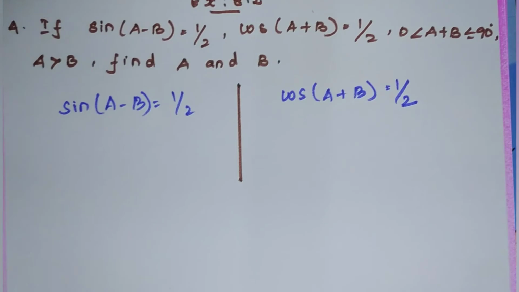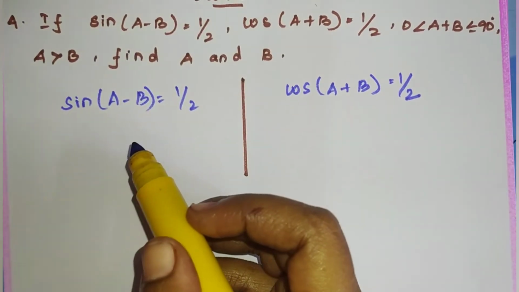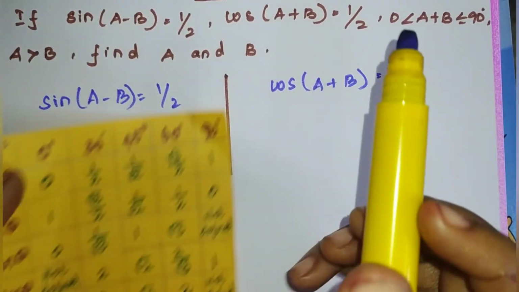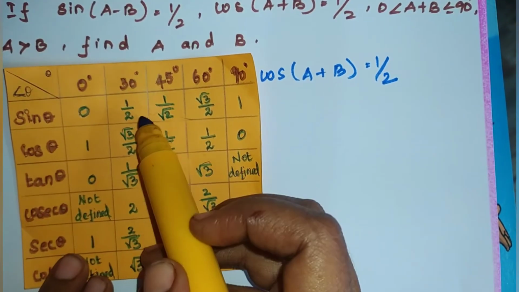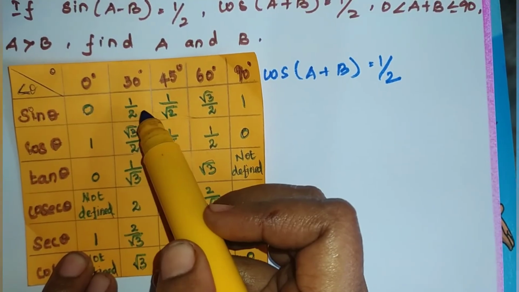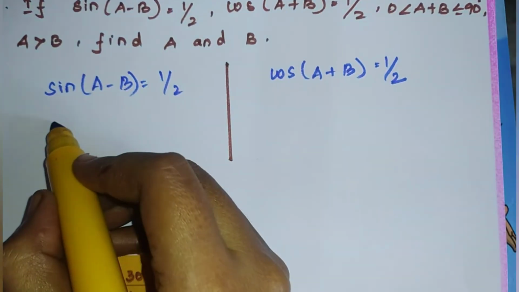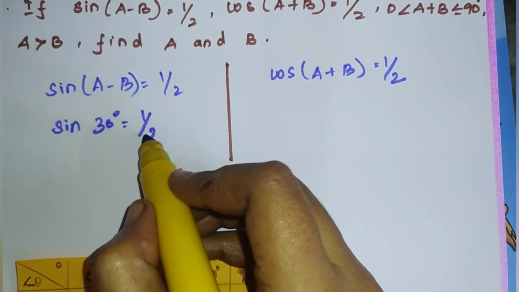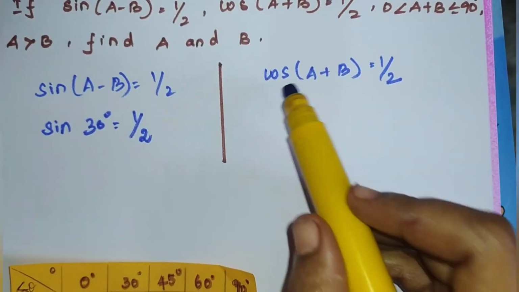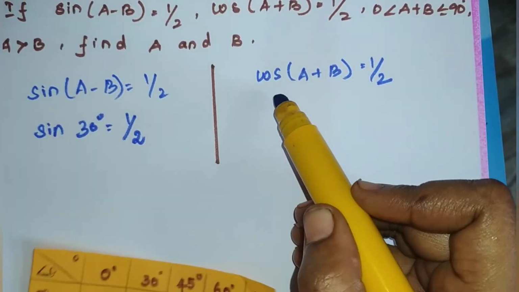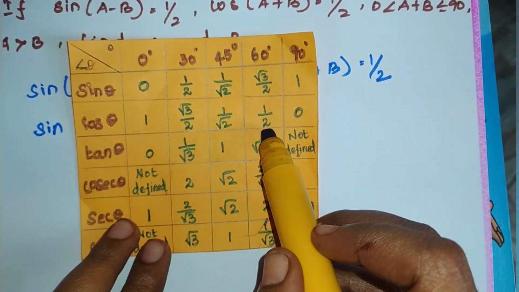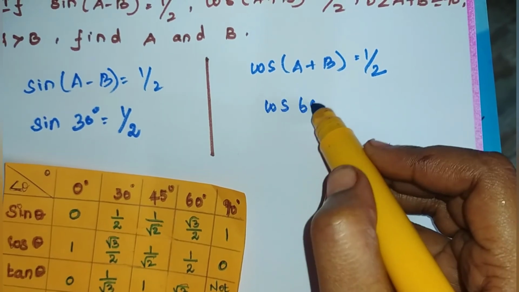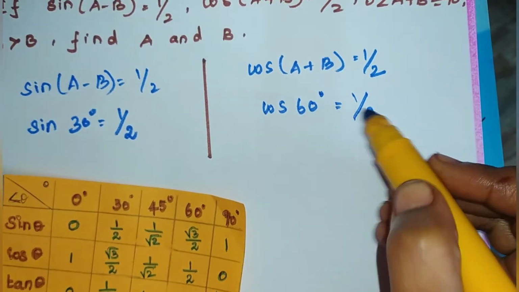Like the previous problem, you have to see when sin is 1 by 2. Sin 30 degree is 1 by 2. So write sin 30 degree is equal to 1 by 2. And then when will you get 1 by 2 in cos? At 60 degree. So cos 60 degree is equal to 1 by 2.